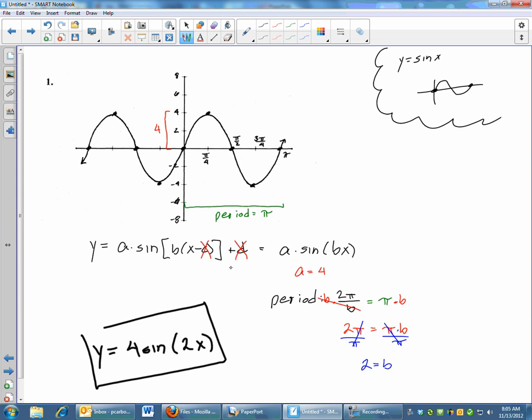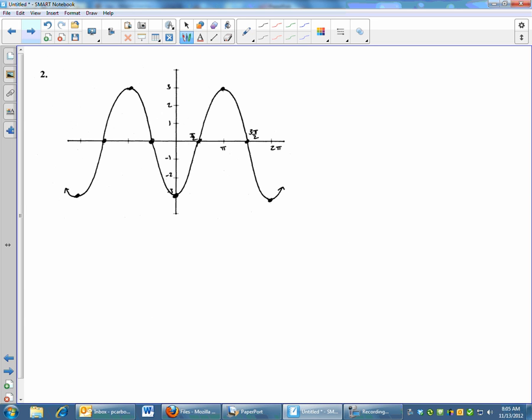So we're basically doing what we were doing earlier, just in reverse. Let's try a different one. Let's try this one. I recognize this as either sine or cosine. In the back of my mind, I'm thinking, I know that sine starts at the origin and goes up. I know that cosine starts at its amplitude and completes its first period like that.